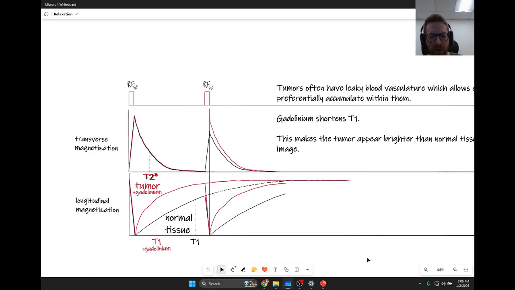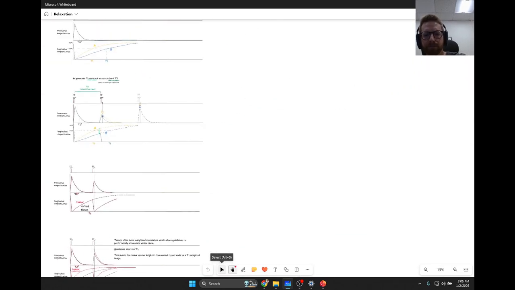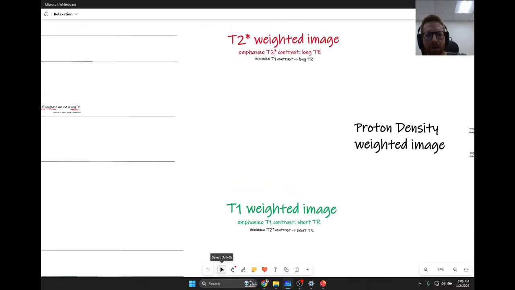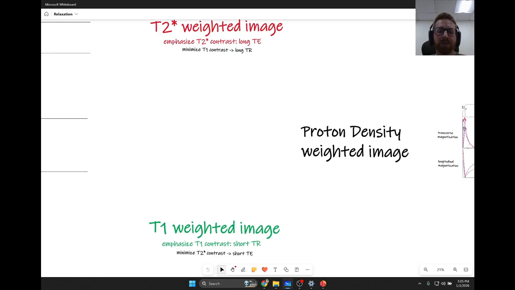Okay, so now I think we are at the last part. So now we're going to talk about proton density contrast. So I'm going to try to make this very simple. Essentially there are two things that you have to remember.